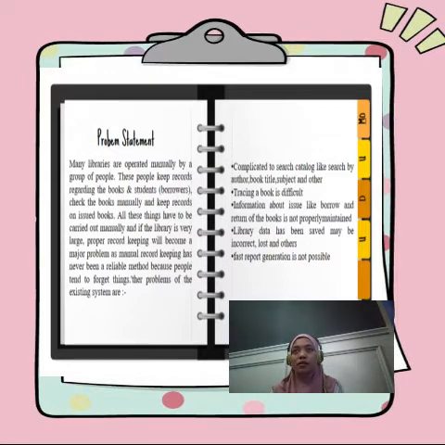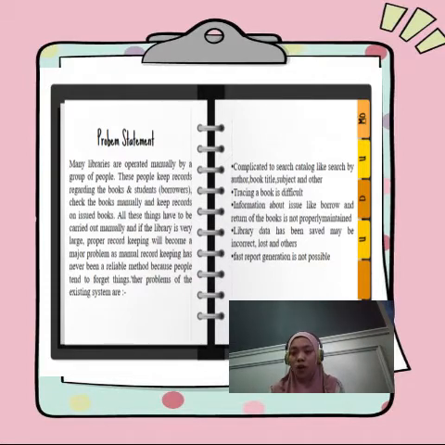We know that all these things have to be carried out manually, and if the library is very large, proper record keeping will become a major problem, because people tend to forget things.